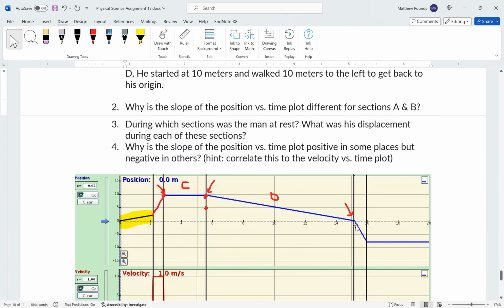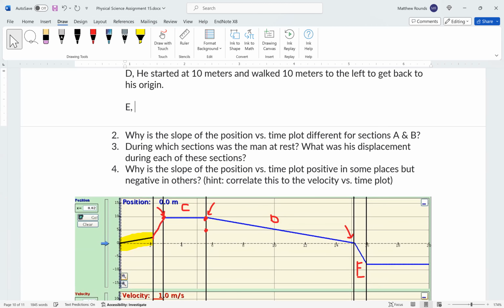So in this next section, E, is he moving left or right? He's moving to the right. So why was he moving to the right in these first sections? What do you notice about where these are relative to zero? I don't know.